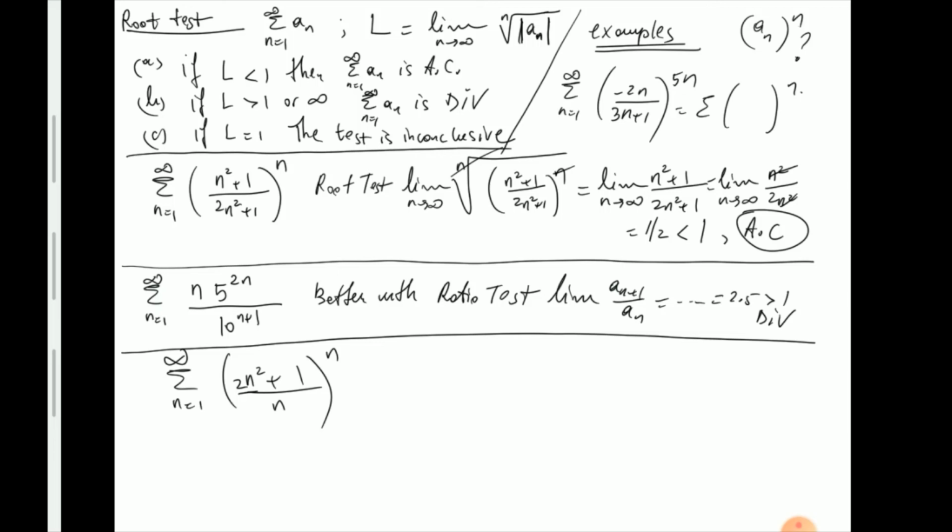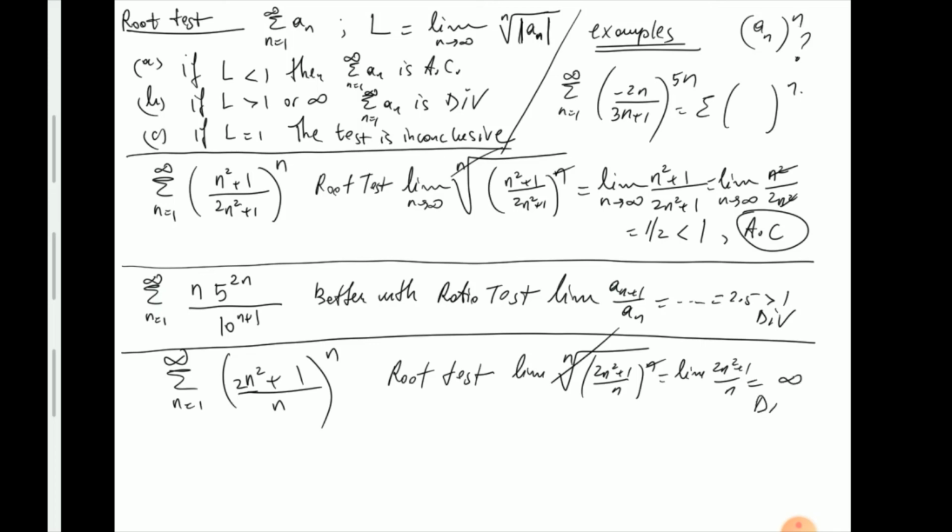This is kind of a funny example, but this obviously works with the root test, right? Because you could take the limit of the nth root of ((2n^2+1) over n) to the power n. This cancels out, and then you have the limit of (2n^2+1) over n, which is actually infinity, if you look at the dominating terms.